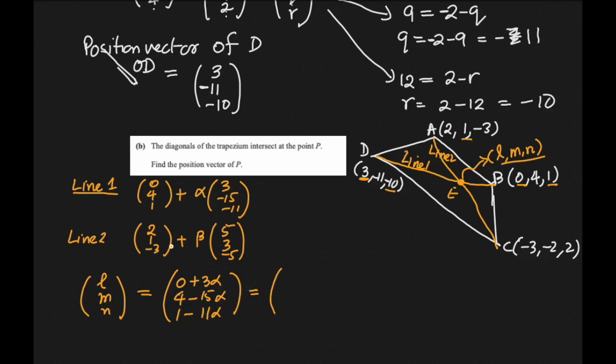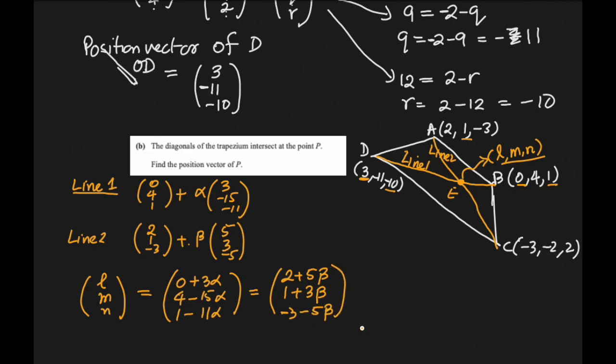And also will be same as 2 plus 5 beta, 1 plus 3 beta. I hope I have not made any mistake in signs. Minus 3, the marking scheme is not out yet, so I am solely on my own. Minus 3 minus 5 beta.